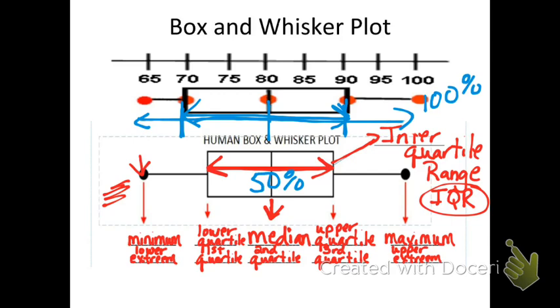If I asked you how much of the data is between the minimum and the median, what would you tell me? 50%. How about the median and the maximum? Another 50%, right? It's 25 here and another 25 here. Got it? That's a little bit confusing, and we'll have plenty of time to talk about that later. But just so you know.